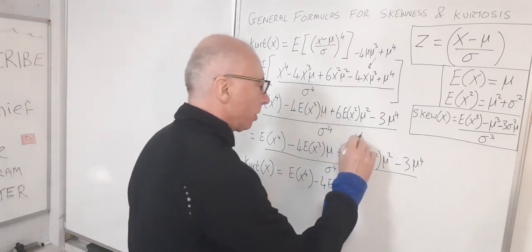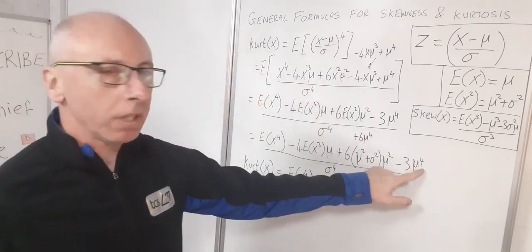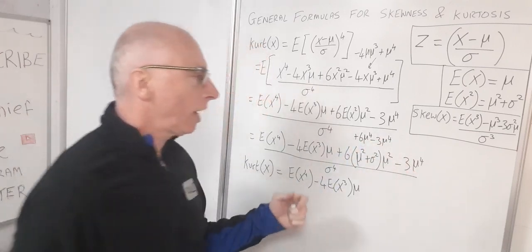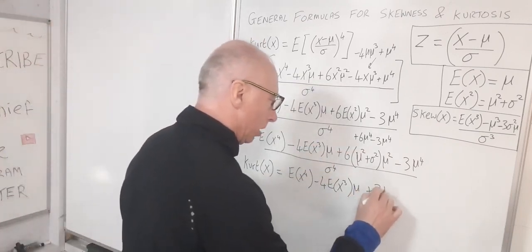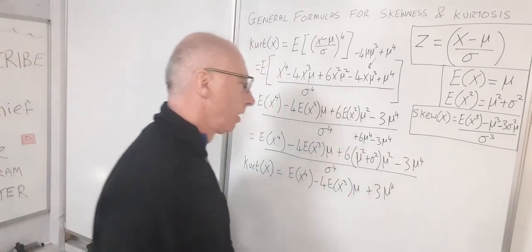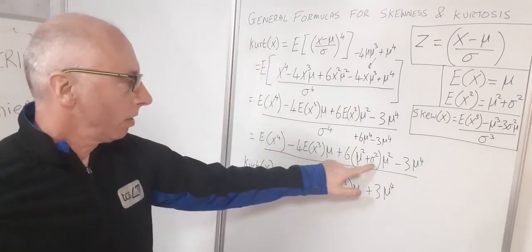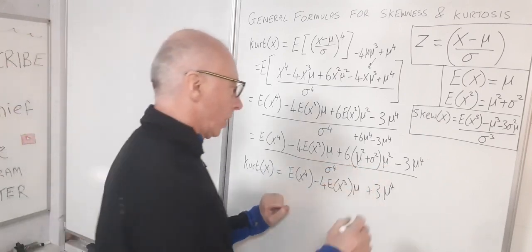So we've got plus 6 mu to the 4 and minus 3 mu to the 4. So then we're left with plus 3 mu to the 4. So that would take care of that. And now with the sigma squared, so 6 sigma squared mu squared, and that would take care of that.